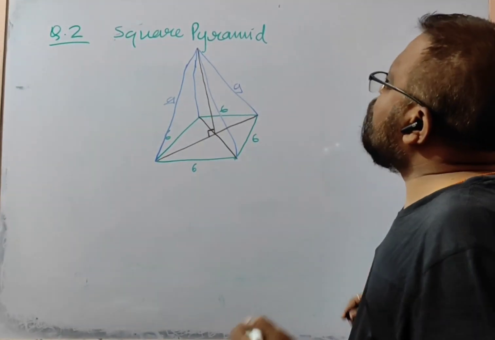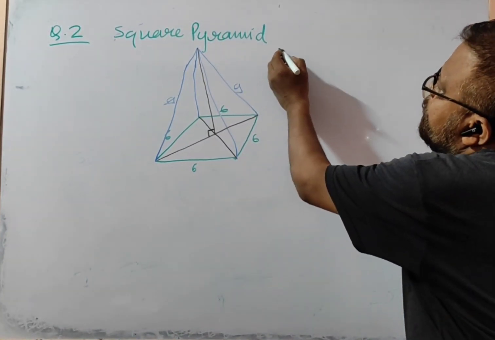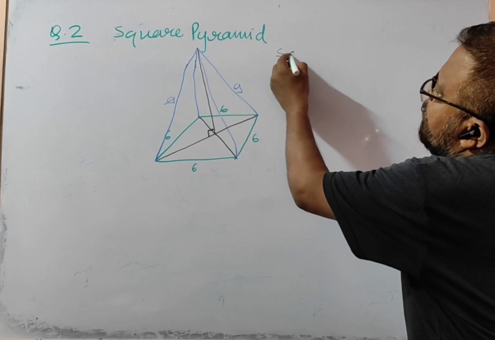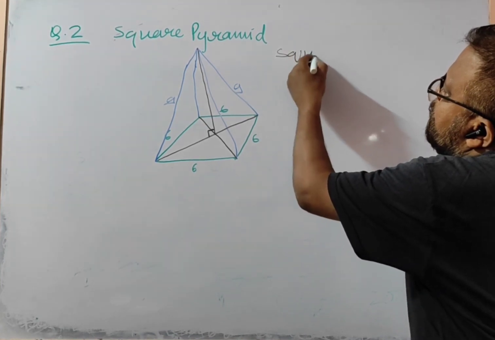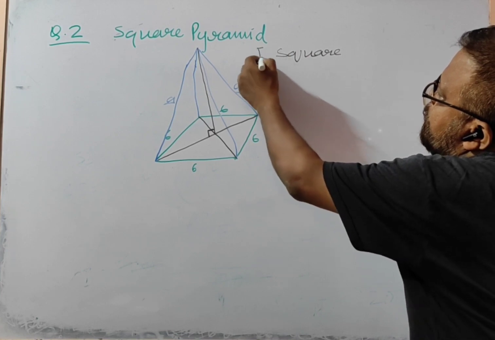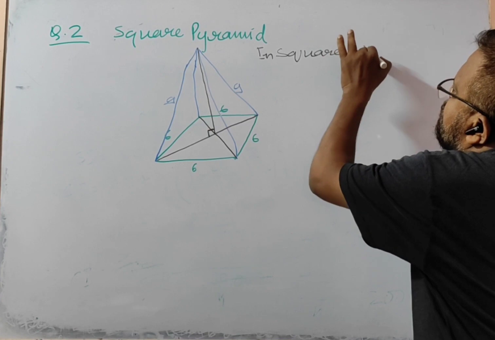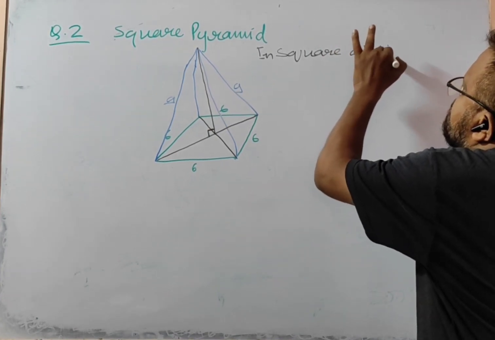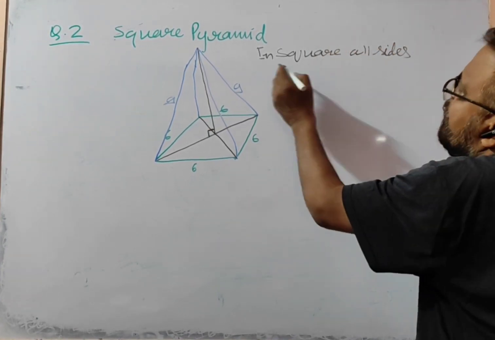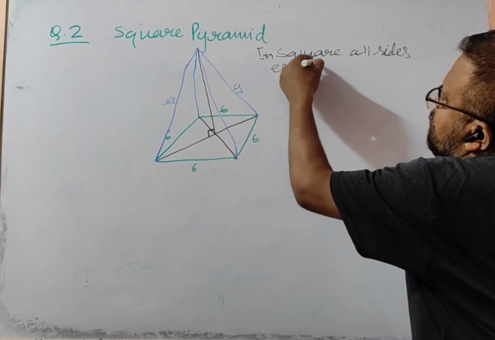The properties of a square are: in a square all sides are equal, right?